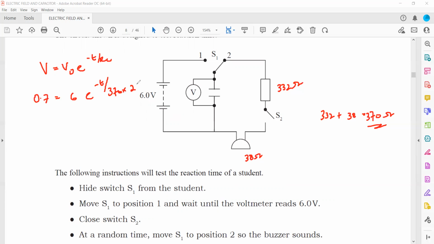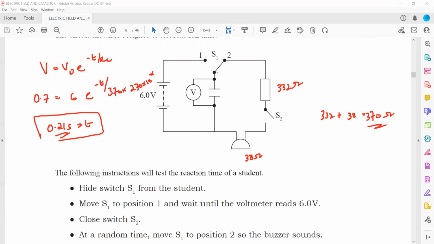And the capacitance is 270 microfarad, which is 10 to the power minus 6. When we simplify this, the time comes out as 0.21 seconds. So this is about 0.2 seconds, as they mentioned we have to show.